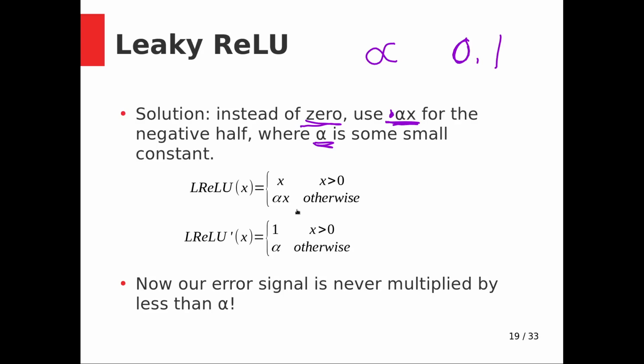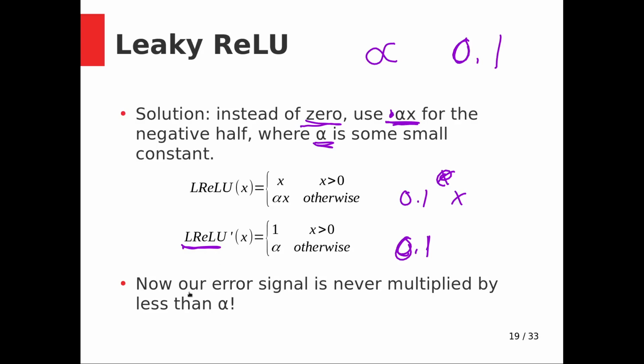So now our function is x if x is greater than 0, or 0.1x if x is less than 0. And the derivative of this is now 1 if x is greater than 0, or alpha, and again, we can say 0.1 if we're less than 0.